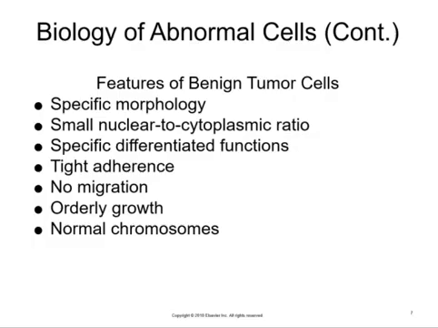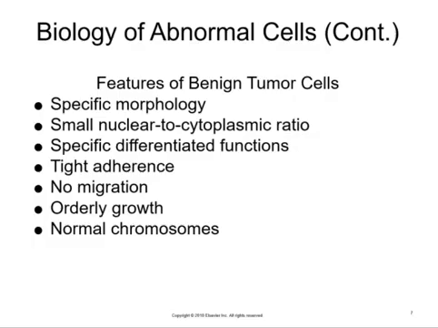They also maintain a small nuclear to cytoplasmic ratio, so there's no alteration of size from the original cell. And their specific differentiated function is preserved. So endometriosis, as an example, is going to be the endometrial tissue that grows outside the uterus.